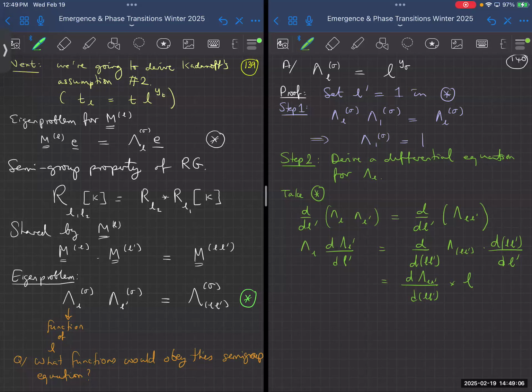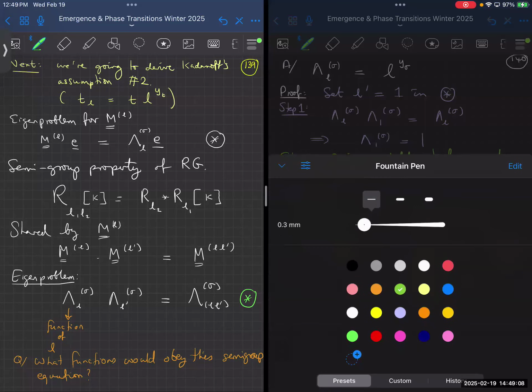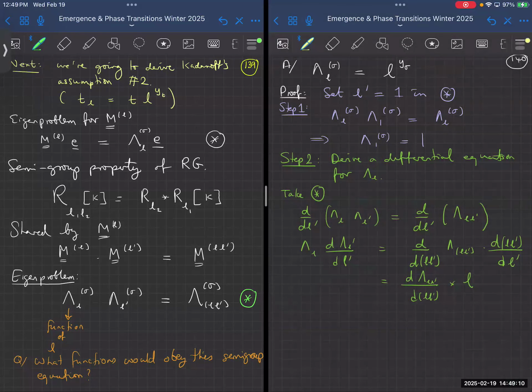Okay, so now what I'm going to do is I'm going to say, well, what does this equal? Well, I can set L prime equal to 1. So again, set L prime equal to 1.